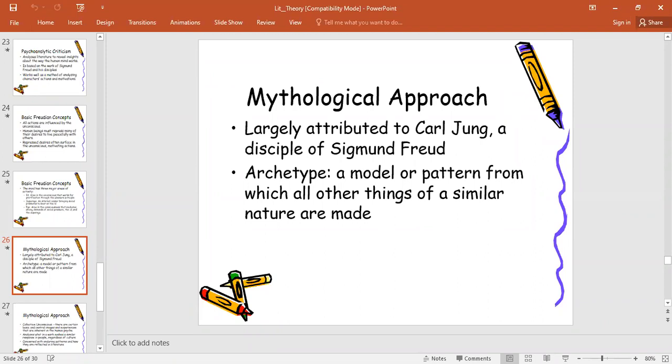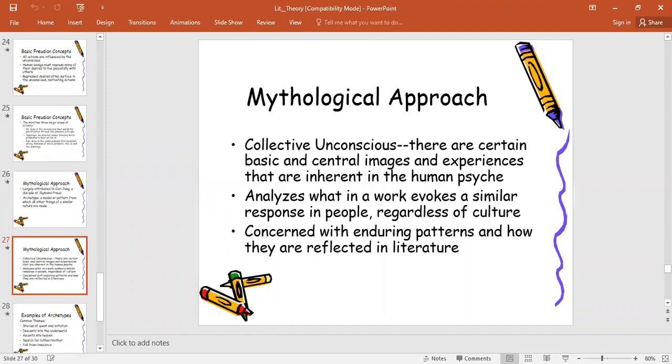Archetype: a model or pattern from which all other things of similar nature are made. Collective unconscious: there are certain basic and central images and experiences that are inherent in the human psyche.